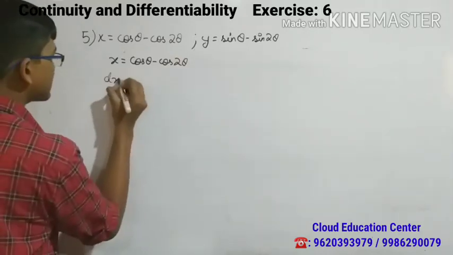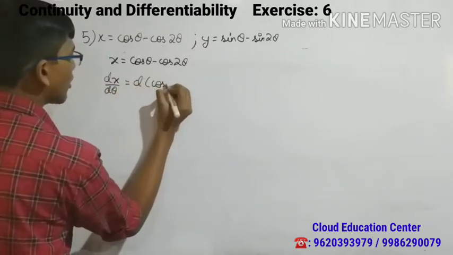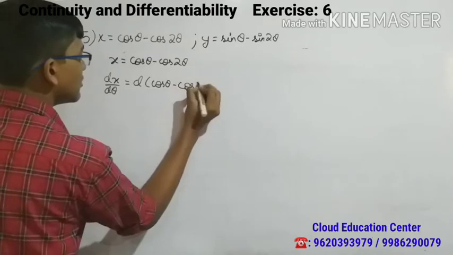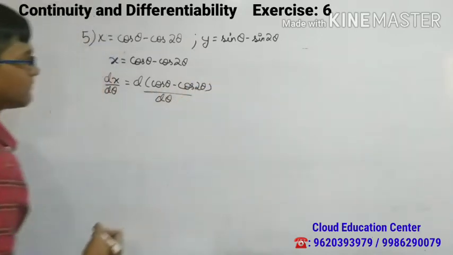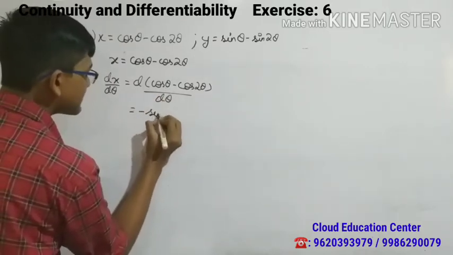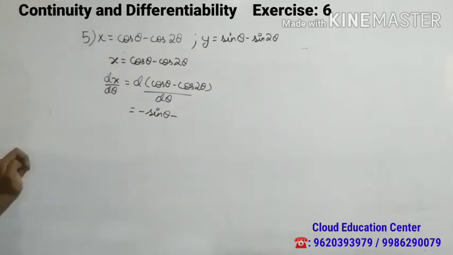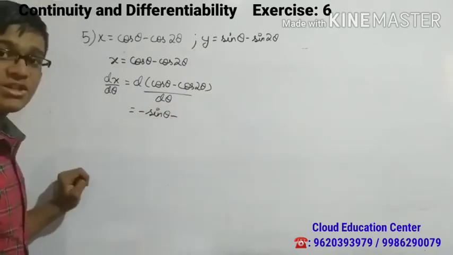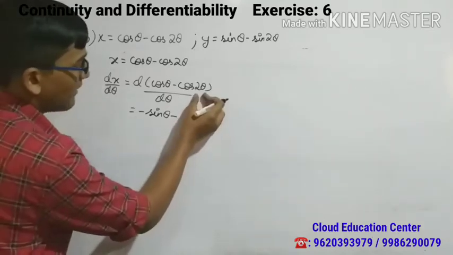So dx by d theta is equal to differentiation of cos theta minus cos 2 theta whole divided by differentiation of theta. So differentiation of cos theta is nothing but minus sin theta. Same minus, again we have cos 2 theta. Differentiation of cos theta is minus sin theta, but instead of theta we have 2 theta.